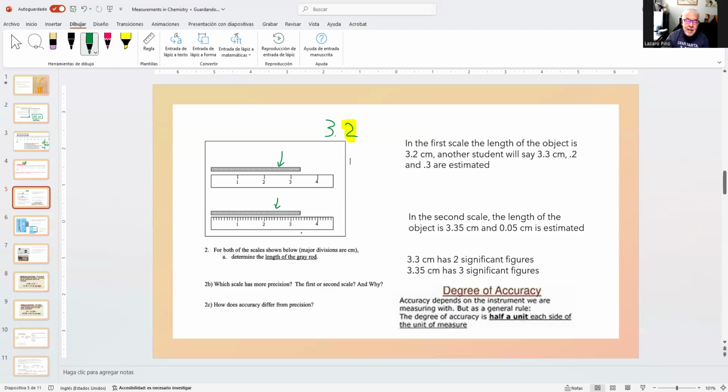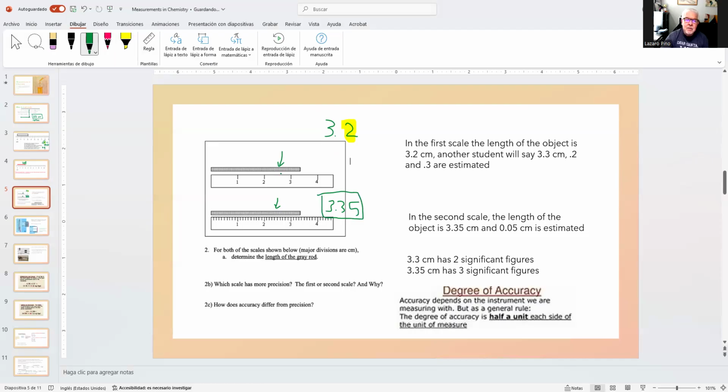But the same object, look, is the same object here. Using this scale, you can be sure that your measurement is 3.3 for sure. But it's a little more, and then you're going to estimate, for example, a 5. Then using this instrument, your measurement will be 3.35.